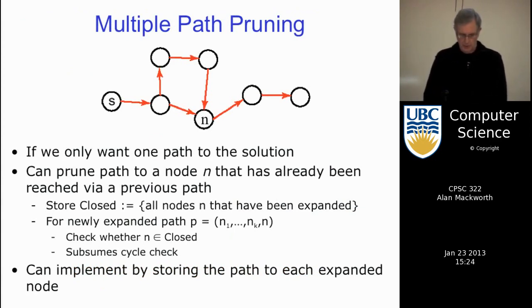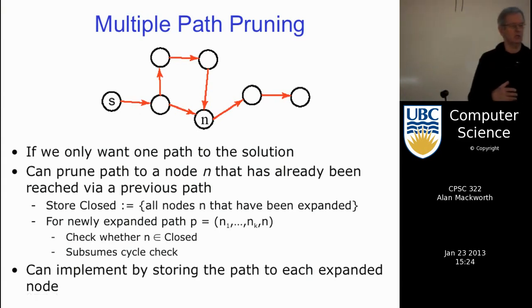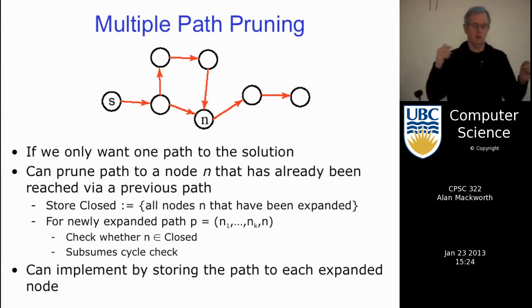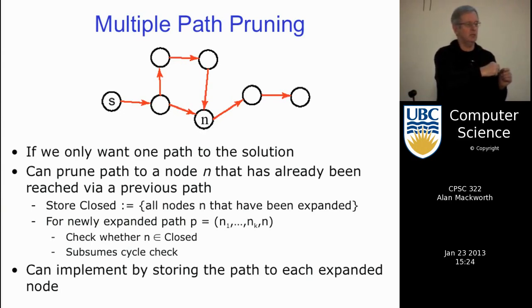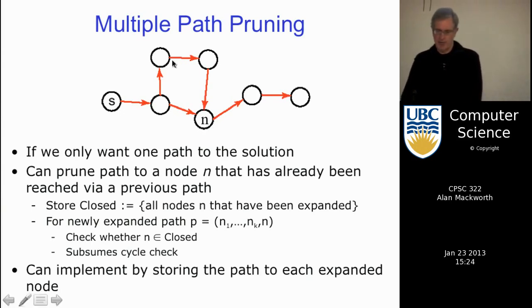Okay, here's one way to implement this multiple path pruning idea. Multiple path pruning is more general than cycle checking. It includes cycle checking, because if you think about a cycle, there are 2 ways to get to the node, the original way plus a second way when you get back to it on the cycle, right? But you can have multiple paths without cycles.